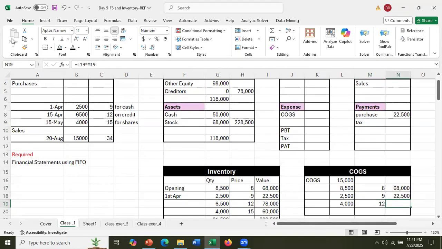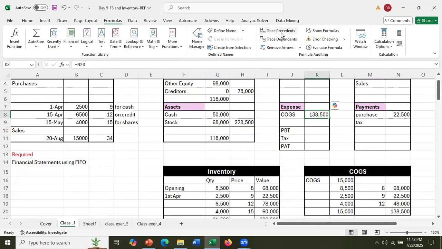So the corresponding cost of goods sold is 138,000. The quantity of goods sold is 15,000. So COGS to that extent will be shown in the income statement because of the matching principle.